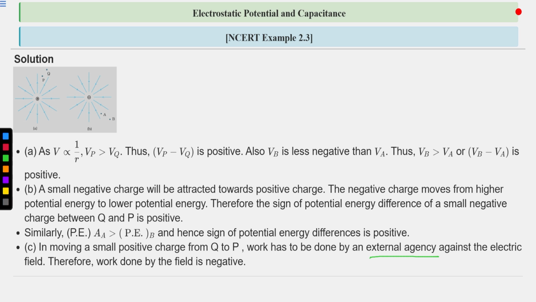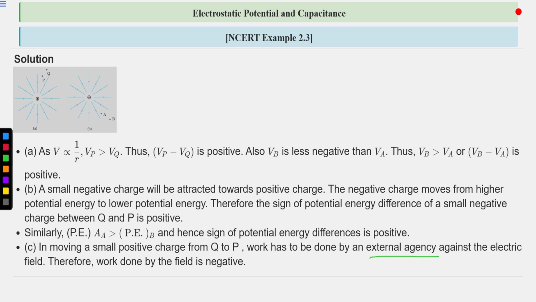So field is in the direction radially outwards. We are moving the charges from Q to P. Force on this test charge is in outward direction. We are moving this positive charge in the inward direction. So work done by the field is negative here, because force due to the field is in outside direction and displacement is in inward direction.